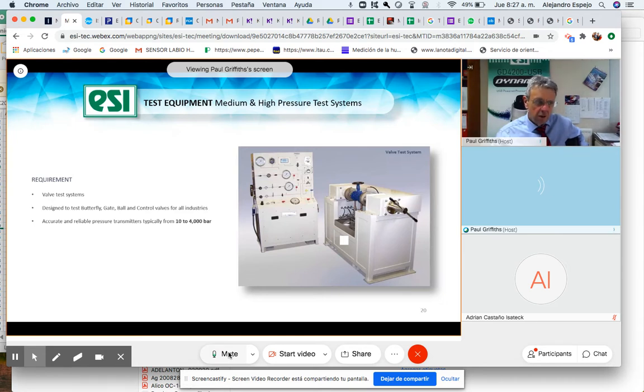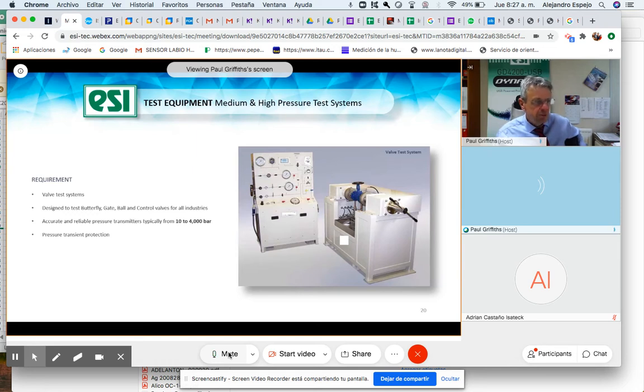And we are finding more and more that people are using our product. And that product will usually be GS 4200. For the high pressures will be HP 1000. And of course, the USB.